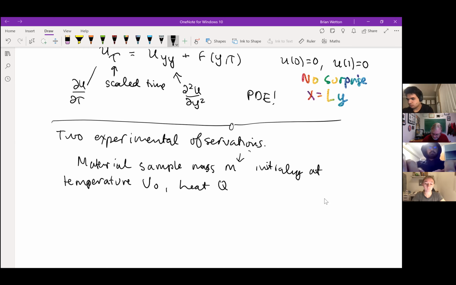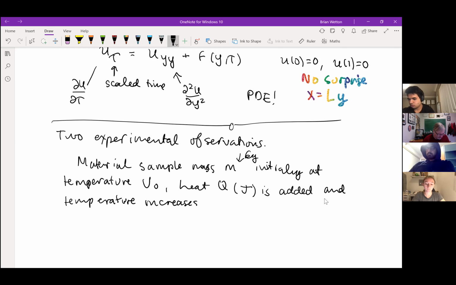This mass is in kilograms, and Q is in joules. And you see how much the temperature is increased. The temperature increases to a higher temperature.